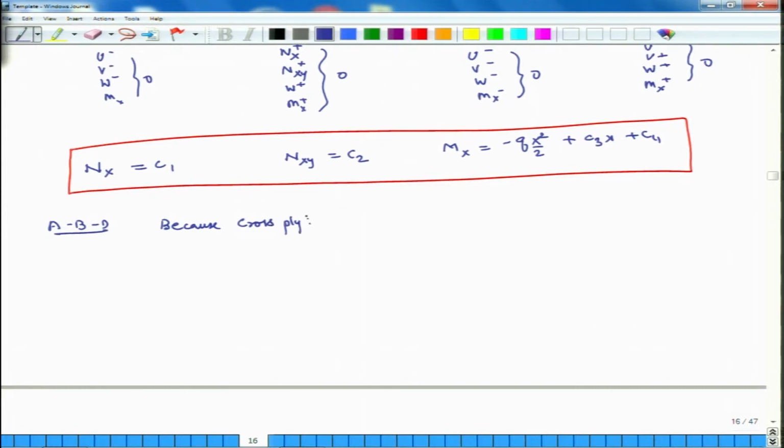Because it is a cross ply laminate, we can say that A16 is equal to A26 is equal to B16 is equal to B26 is equal to D16 is equal to D26 is equal to 0. Okay. And also, because it is 2 layers of 0 and 2 layers of 90, we can also show that B12 is equal to B66, this is also equal to 0.